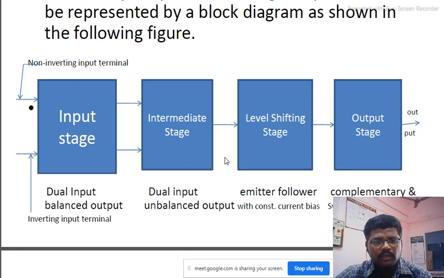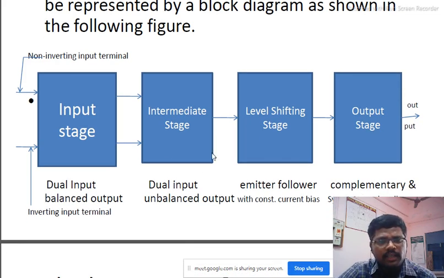The intermediate stage is called dual input unbalanced output. This is called the unbalanced output, in case we give the input from the non-inverting terminal only, or the data is given to the inverting input terminal only.